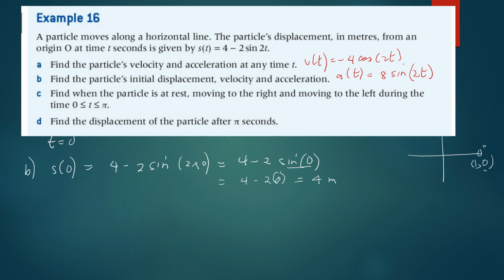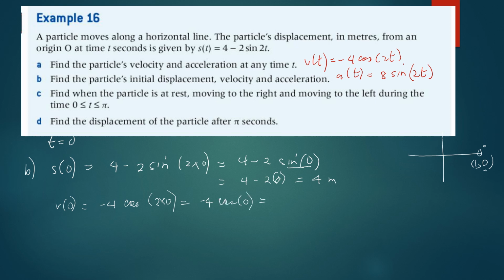Okay, what about V of 0? So our V is negative 4 cosine 2 times 0. So we're looking for negative 4 times cosine 0. We're doing this one by one because this is a non-calculator activity.